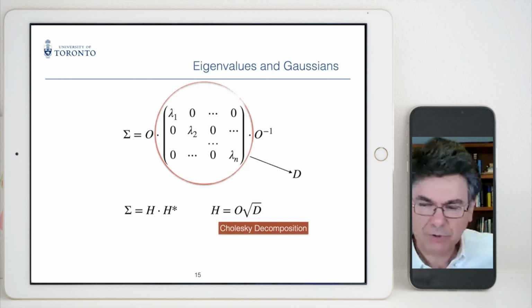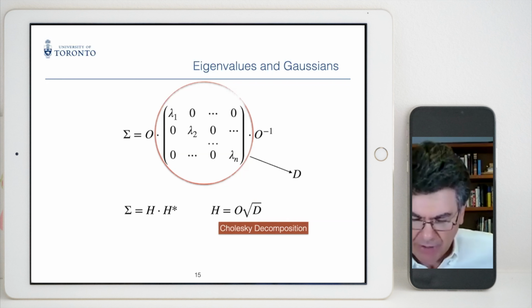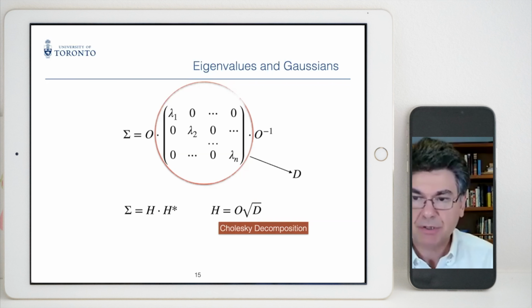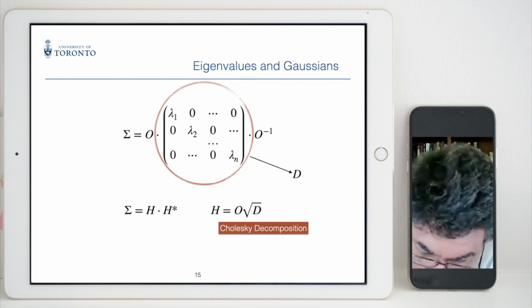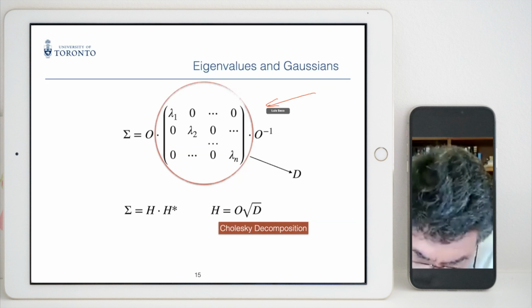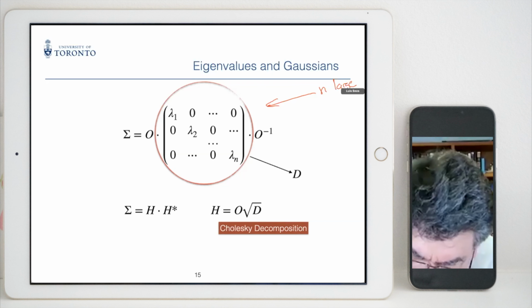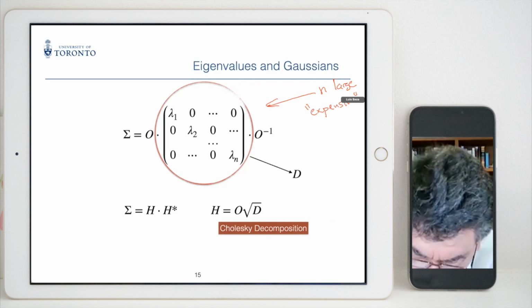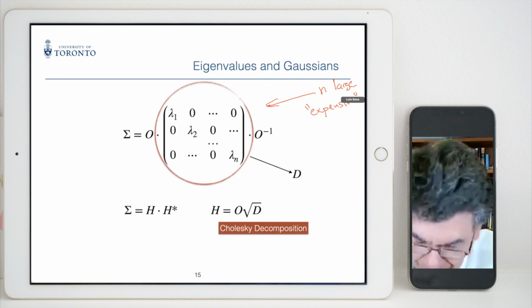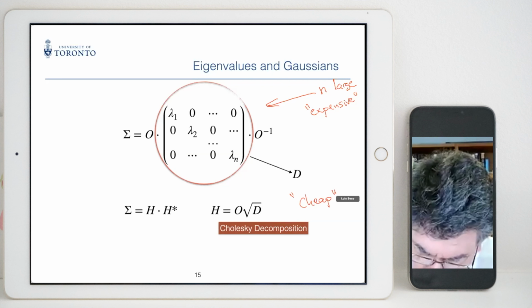Okay. And you can do it with eigenvalues and eigenvectors as we did here, or you can do it with the Cholesky decomposition. The basic difference is this: although this is very easy, when n is large, this is expensive in terms of time, but the Cholesky decomposition is cheap in terms of time.